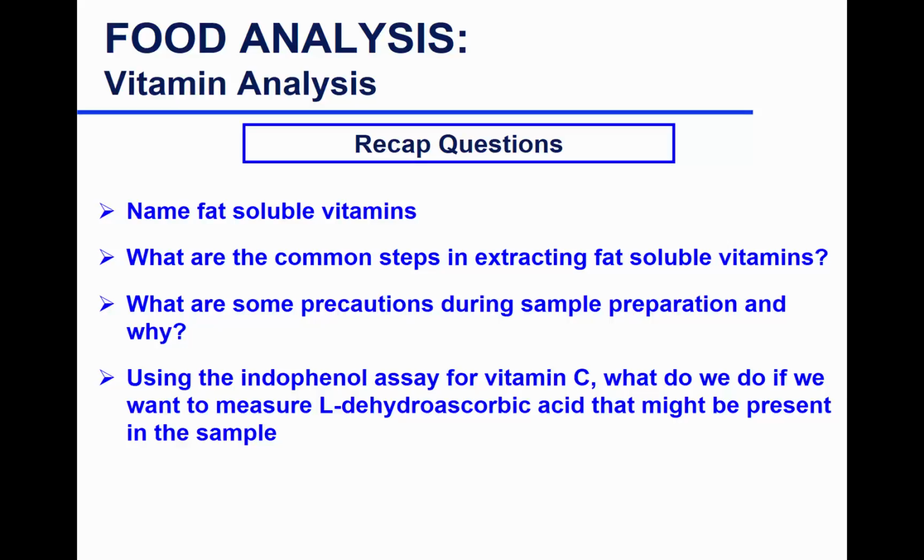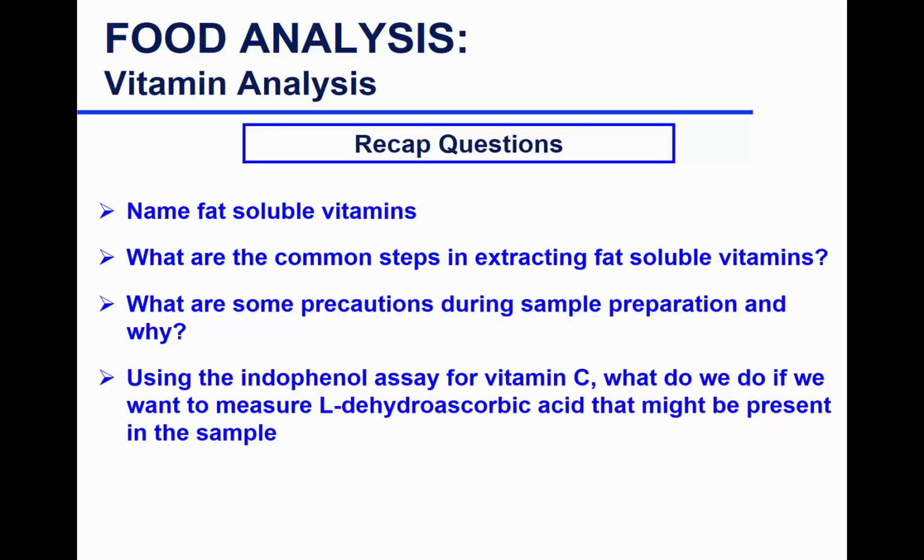What are some precautions during sample preparation and why? So avoid oxygen presence because some of the vitamins can oxidize. Can you name one that can oxidize?